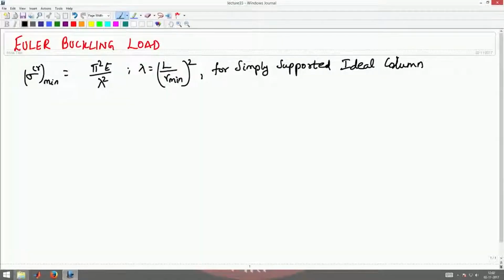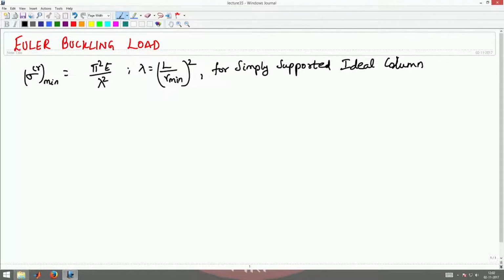In particular, the minimum critical load is given by pi square E I by L square, and the critical stress is given by pi square E by lambda square, where lambda is L by r minimum, the direction in which the minimum radius of gyration occurs. This is called the Euler critical stress, or buckling stress. This was derived for a simply supported column.